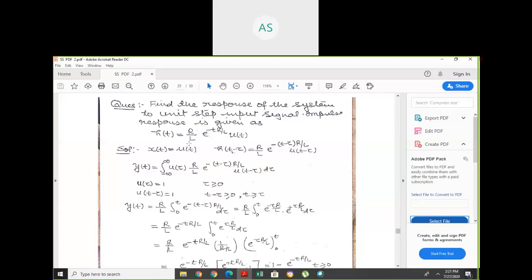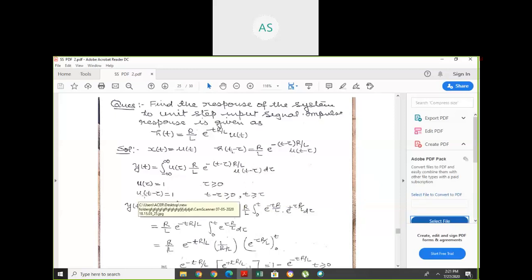The integral is u of tau times R by L exponential minus t minus tau R by L u of t minus tau d tau. U of tau is 1 when tau is greater than 0, which is the simple definition of the unit step.